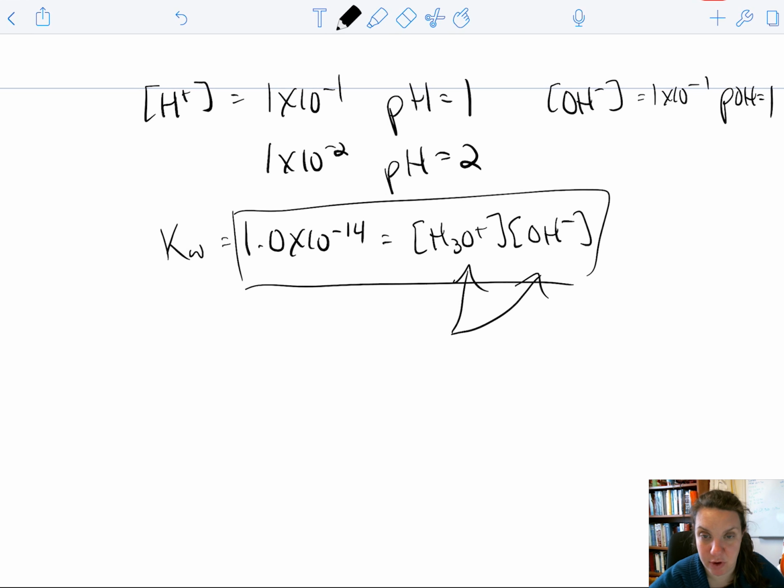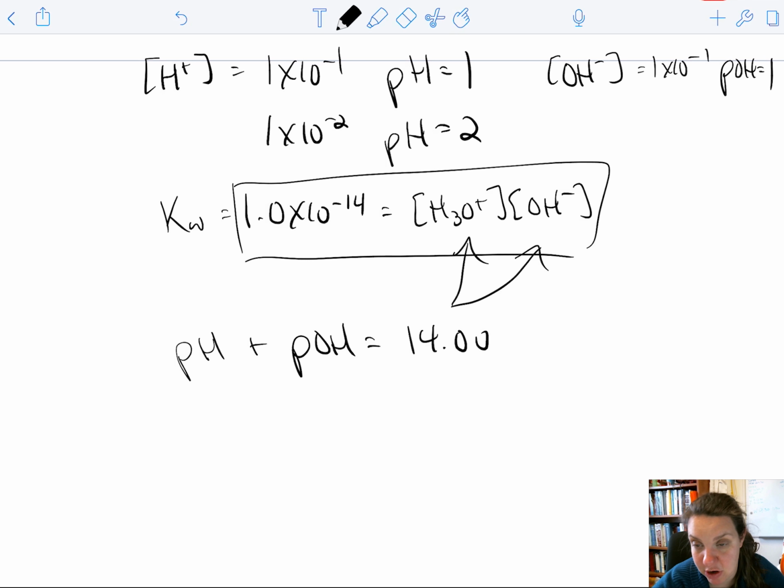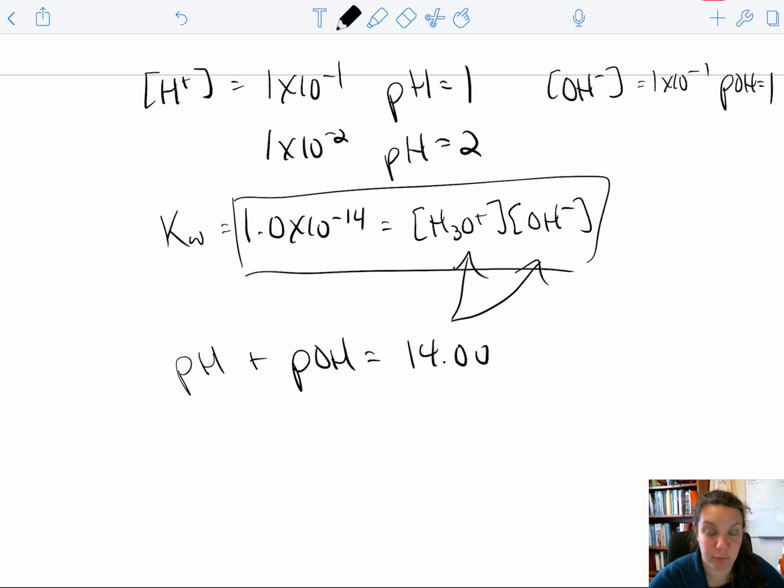Just looking at some equations we're going to be using: if we put our pH plus our pOH together, they will actually equal 14.00. So if we know our pH or our pOH, we can determine the other one. In class, we'll go over some examples, but this is everything for the pre-lecture review.